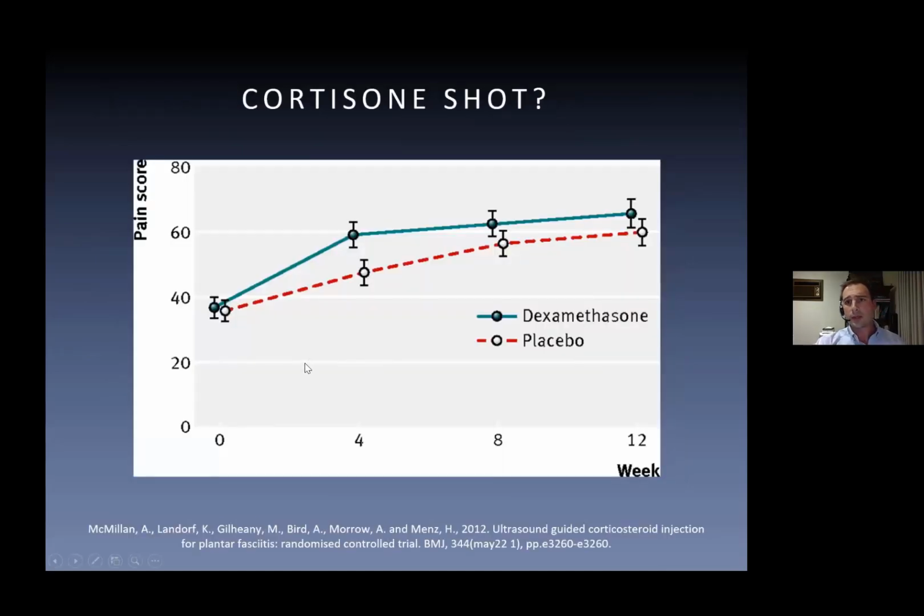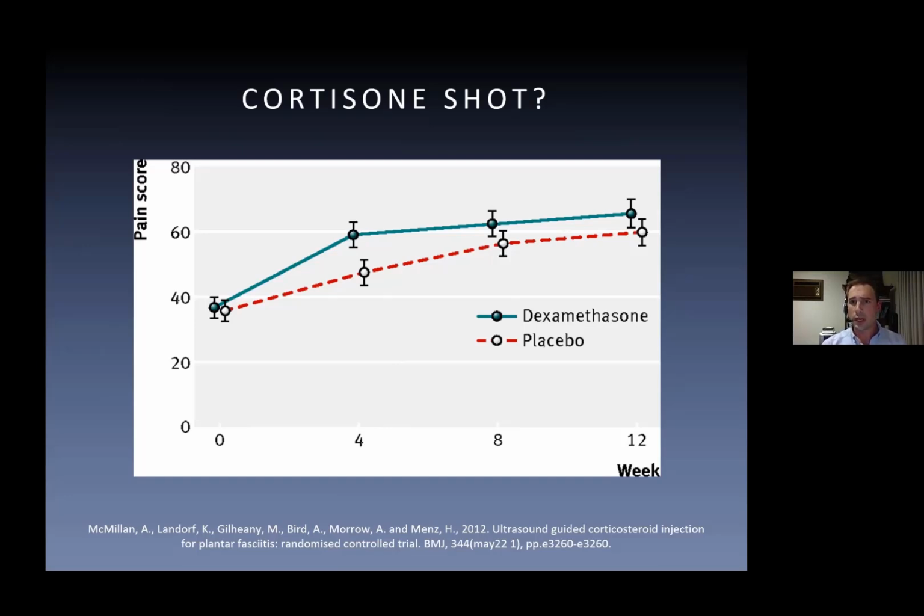The other thing is that traditionally, when patients have failed physical activity and their rehab protocol, a cortisone injection might be considered. This graph is from a study looking at, I think, 88 patients with plantar fasciitis. It was a randomized controlled study where both the patients and the person providing the intervention were blinded.